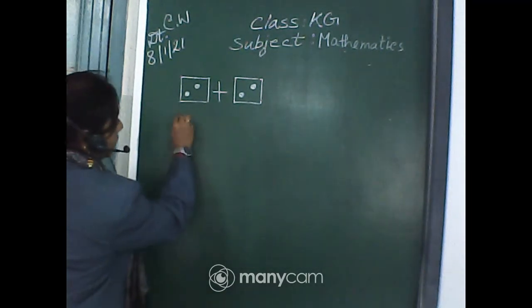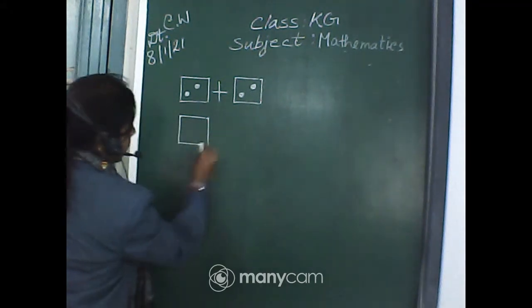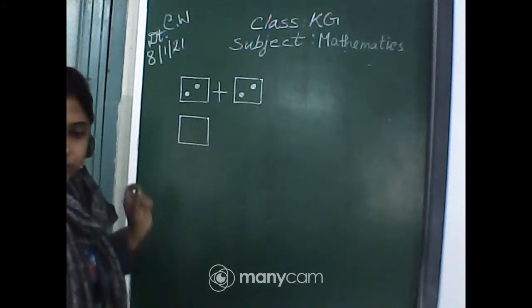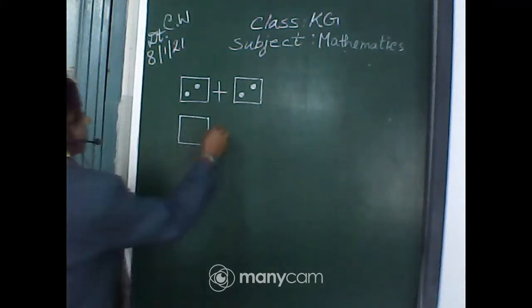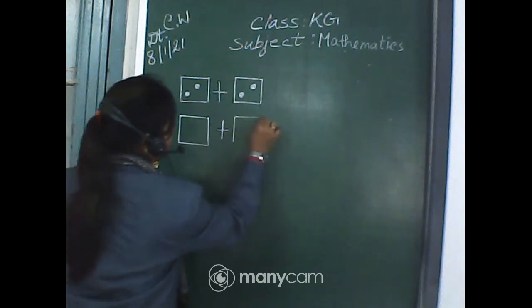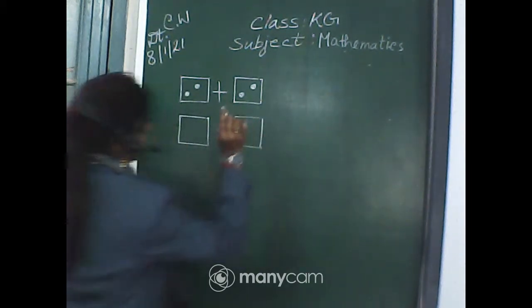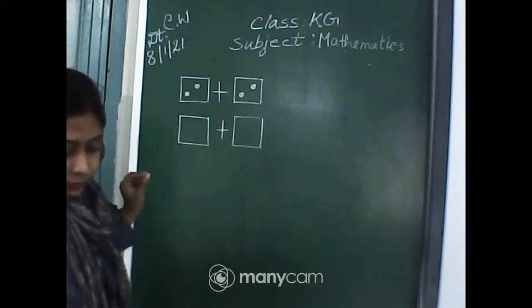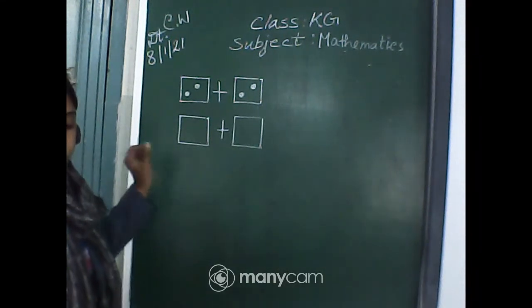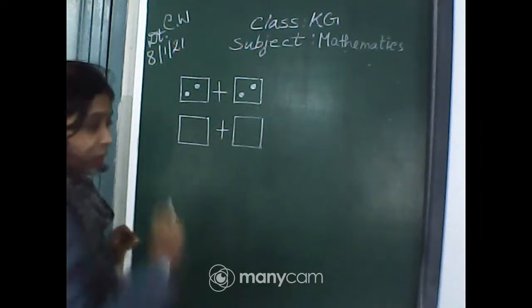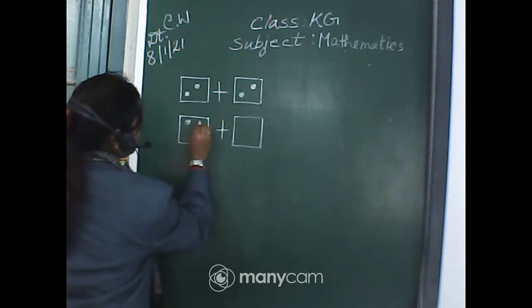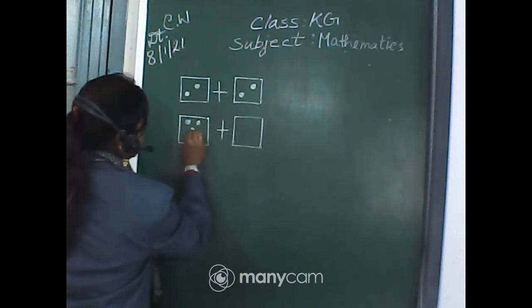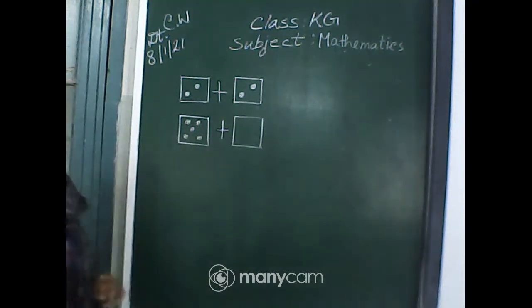ঠিক তার নিচে same type of square you are drawing now. 2 square boxes now we will draw, and in the first box you give 5 dots. 1, 2, 3, 4, 5.